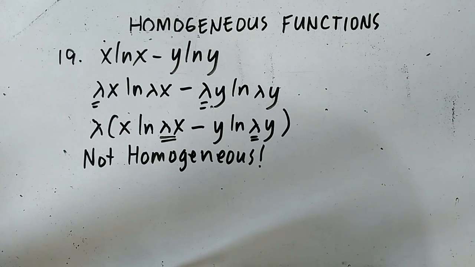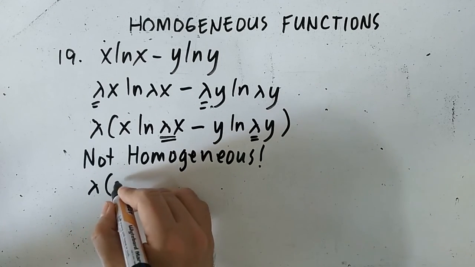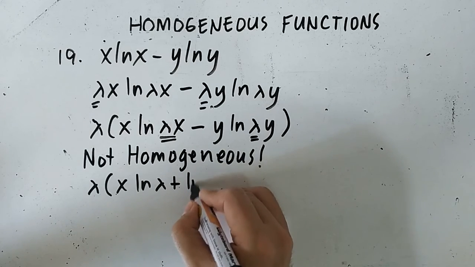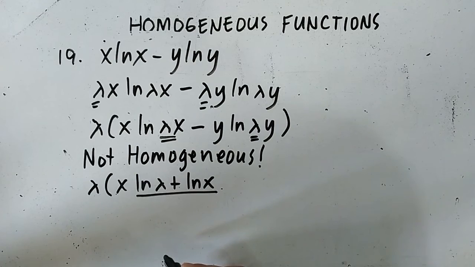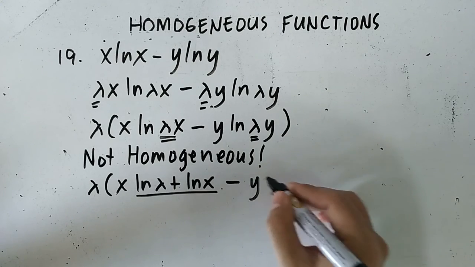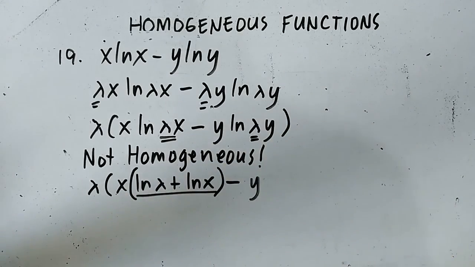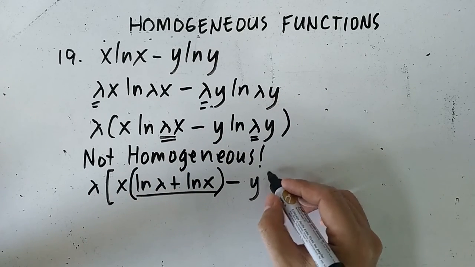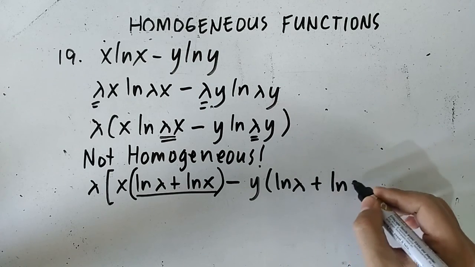Even if we process it further and manipulate it, let's say we have lambda times x times ln lambda plus ln x, because this is a property of logarithms, minus y times ln lambda plus ln y.